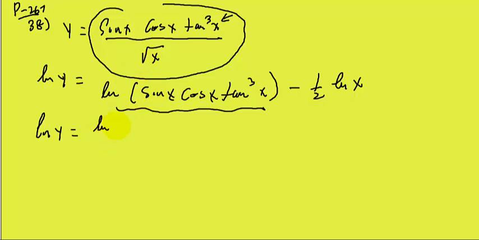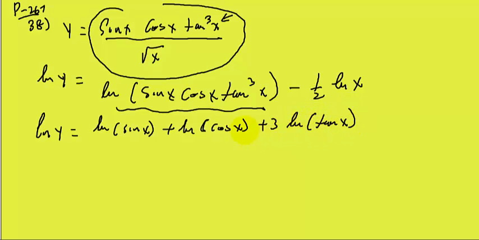It's the same thing as ln of sine of x plus ln of cosine of x, because I'm using a product rule, and then plus 3 times ln of tangent of x, because 3 is an exponent, and then I have a minus 1/2 ln of x.